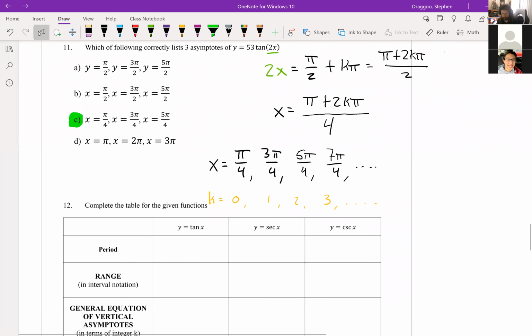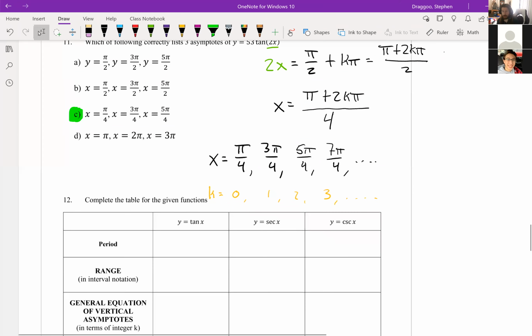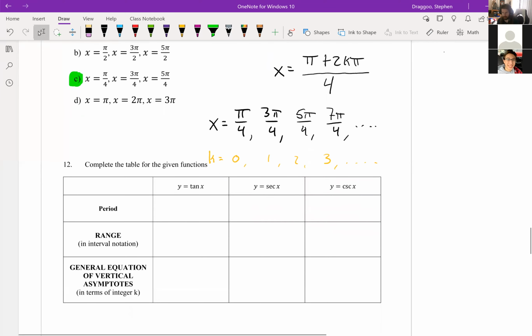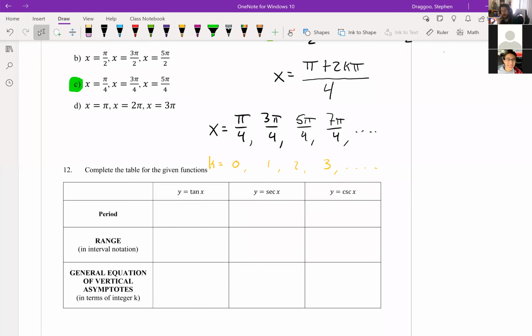All right, problem 12 just asks us to fill in a table for tangent, secant, and cosecant, which is even all listed on worksheet 8. So this one shouldn't be too big a deal. Tangent has a base period of pi, while secant and cosecant have base periods of 2 pi.